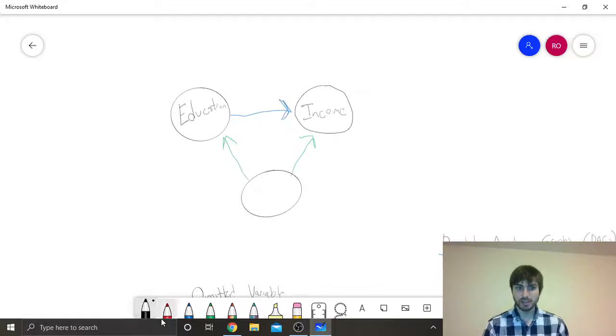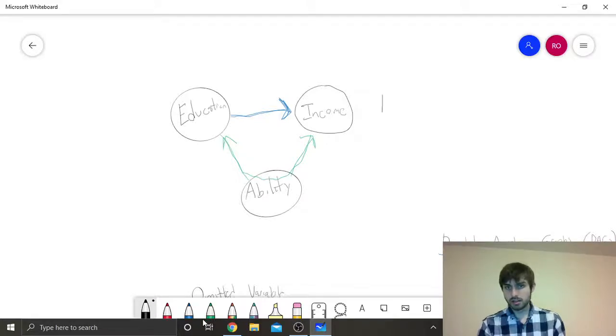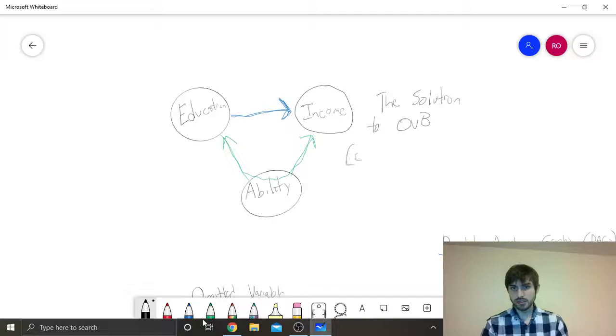And econometricians typically call this variable ability. Basically just how smart are you? Smarter people are better workers, smarter people are better students. And so when we're looking at the correlation between education and income, we're not just seeing this path, we're also seeing this path, the backdoor path by way of ability. Okay, and so the solution to omitted variable bias, which is also just called confounding.